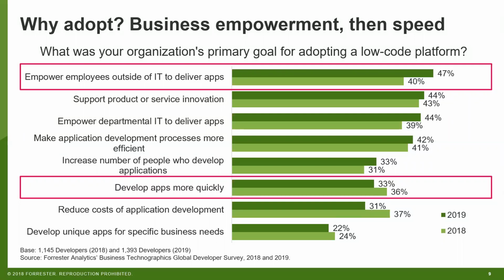And by the way, part of this trend to decentralized development is to get business people much more closely involved, and in some cases to basically empower business people to serve themselves by building their own applications. It's often called the citizen developer phenomenon. That all gets wrapped up here. And you can see also innovation coming through in these findings, in terms of why people are adopting these products. Next slide, please.